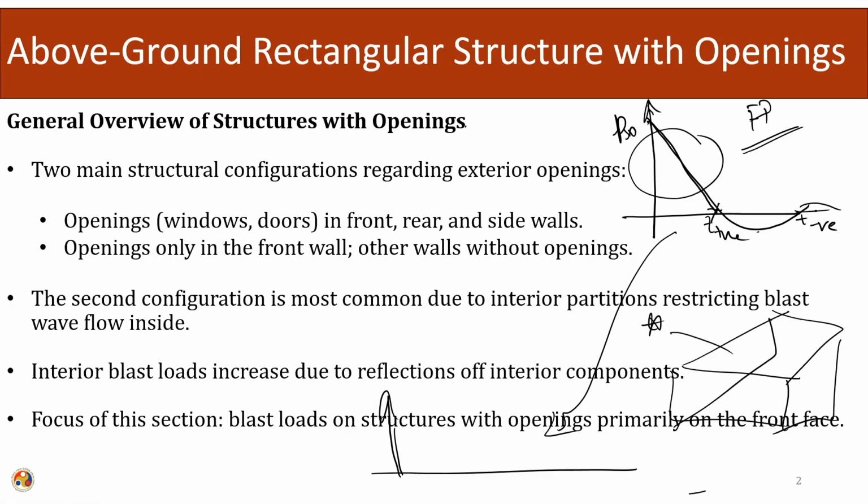In this case the positive impulse will be the area under this curve. Then we represent this by a triangular loading. We keep the y axis, the pressure, the same, and we calculate the equivalent positive phase duration. Similarly, we do it for the negative phase.